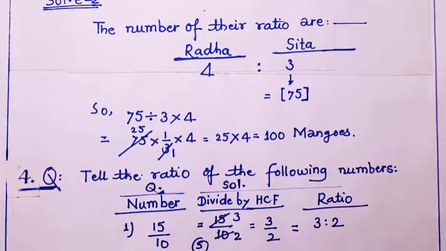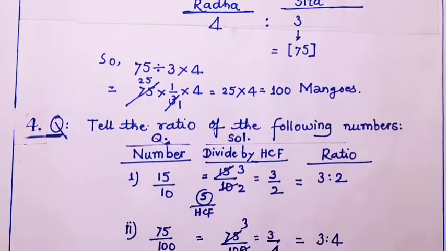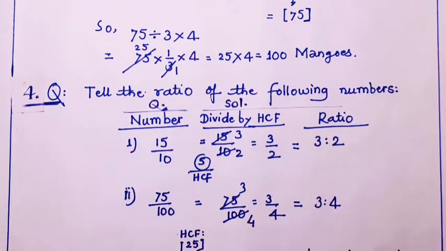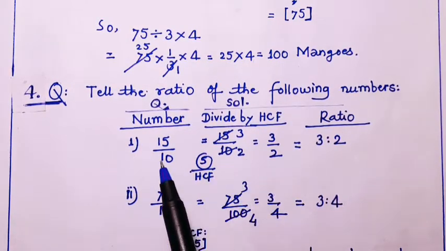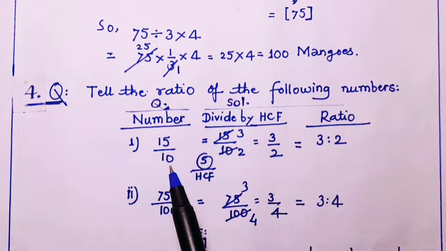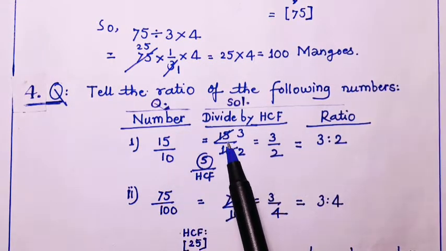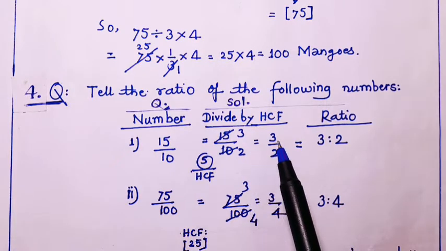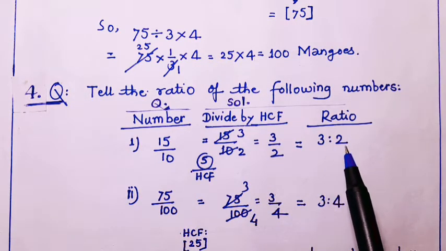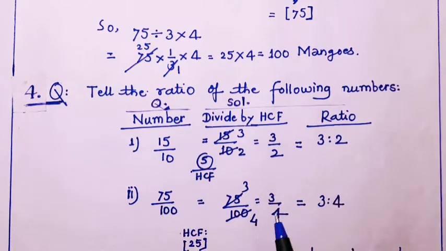Question number 4. You can see, tell the ratio of the following numbers. Here are the questions and here the solutions are given. Number 15 by 10. So 15 by 10 will be cancelled by their HCF 3 to 3 by 2, and so the ratio is 3 to 2.